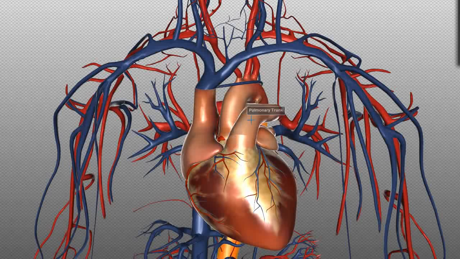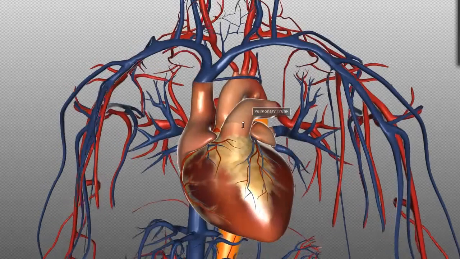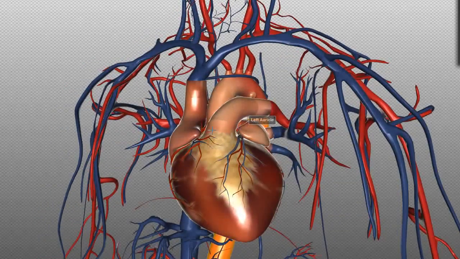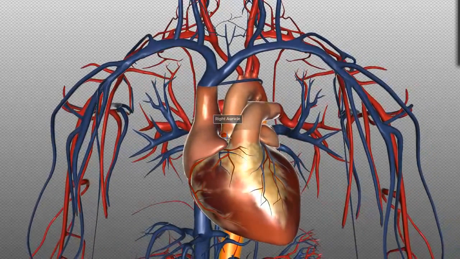So the pulmonary trunk is another one of the great vessels. The final great vessel is the aorta, and it forms this arch here, and this pumps blood up to the head and to the rest of the body.